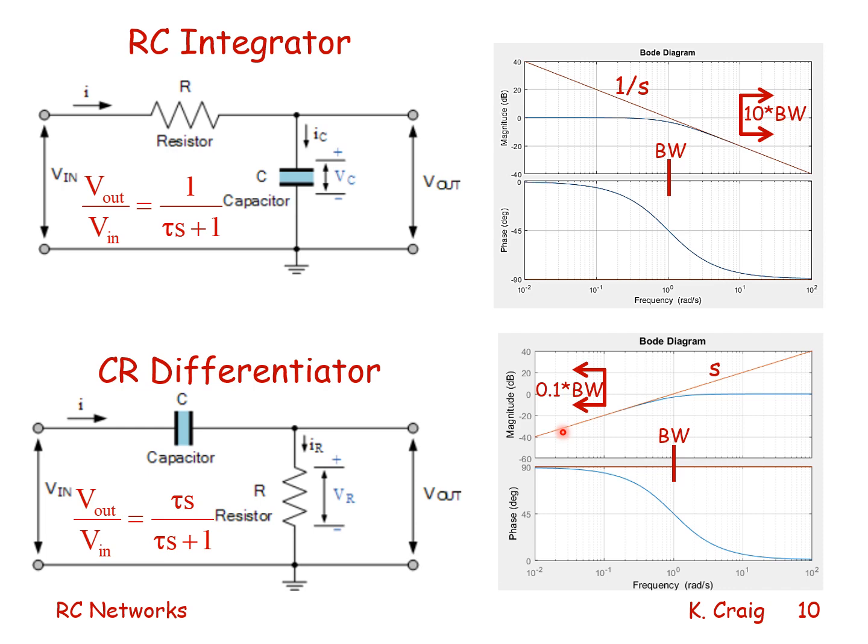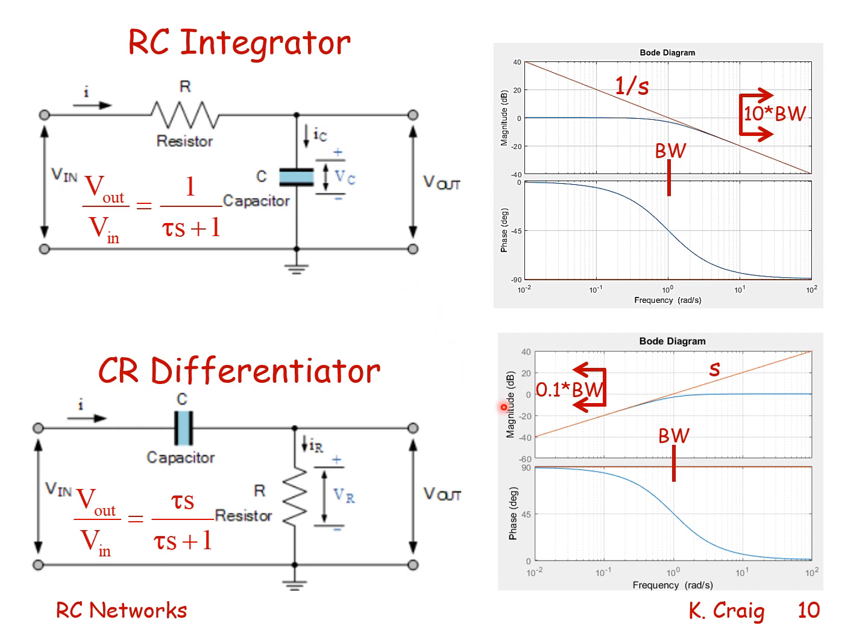So what we then take away from this is that at frequencies 10 times greater than the bandwidth of an RC circuit, and the bandwidth is 1 over tau, where tau is the time constant, R times C, the RC circuit behaves like an integrator.